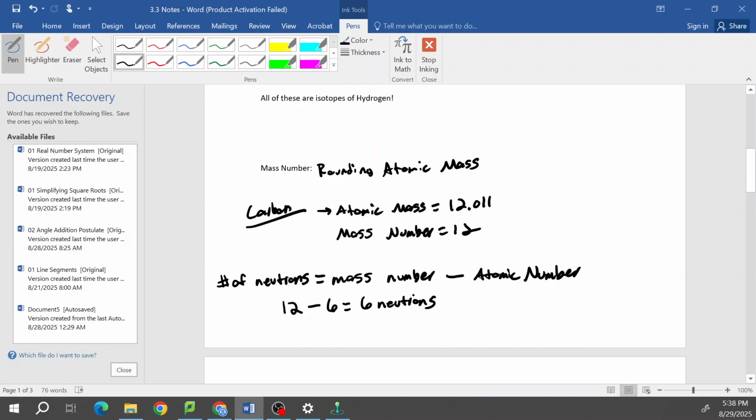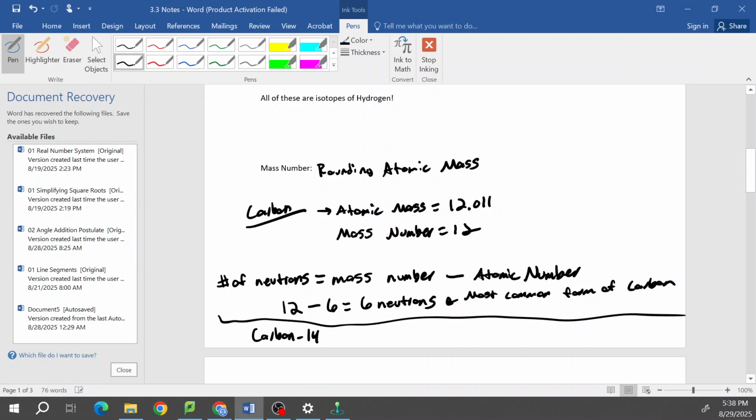Now, what this means on the periodic table is that the most common form of carbon contains 6 neutrons. Now, that's not the only form of carbon. You can also have carbon 14.